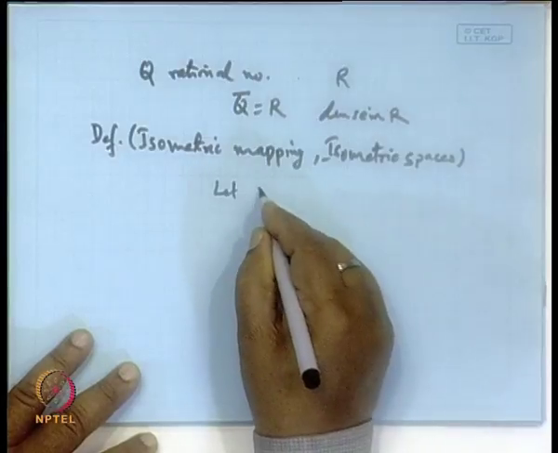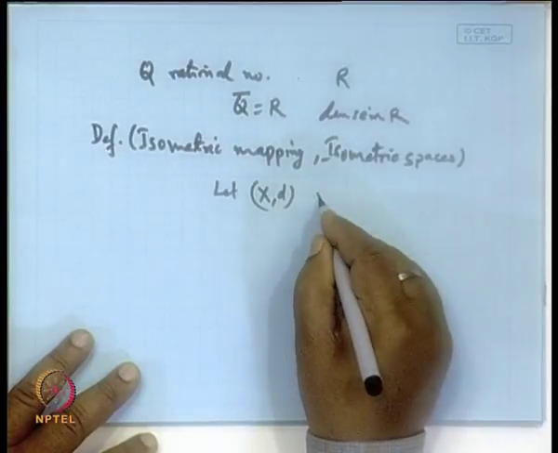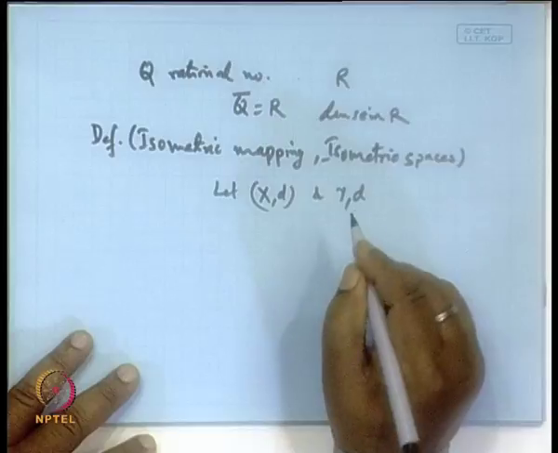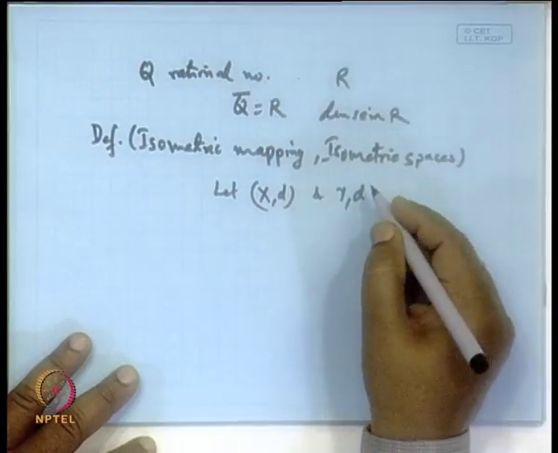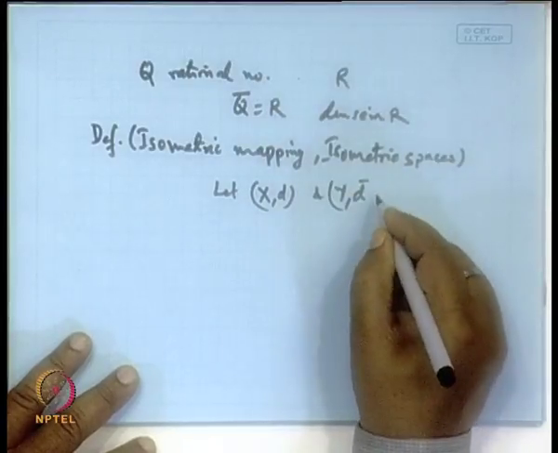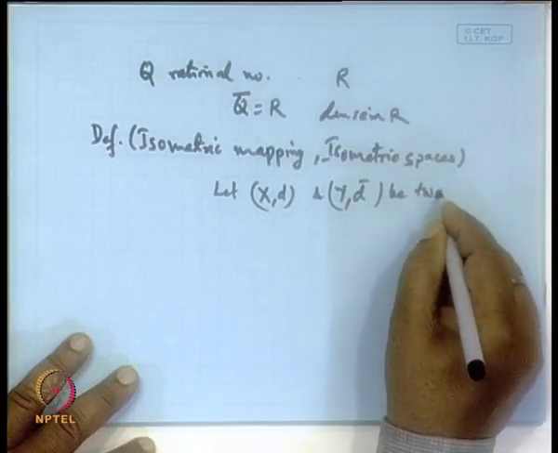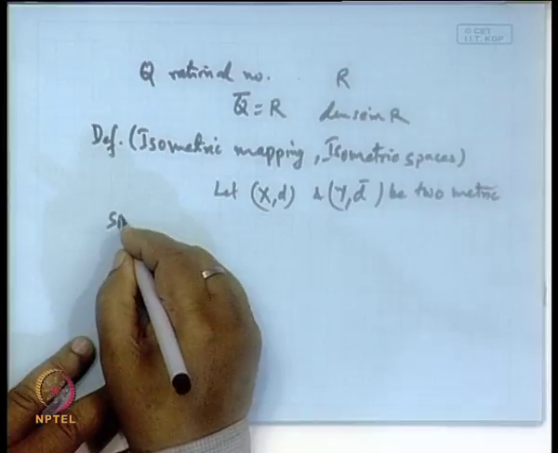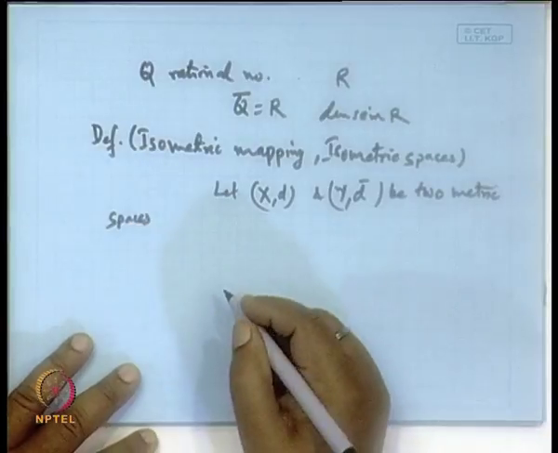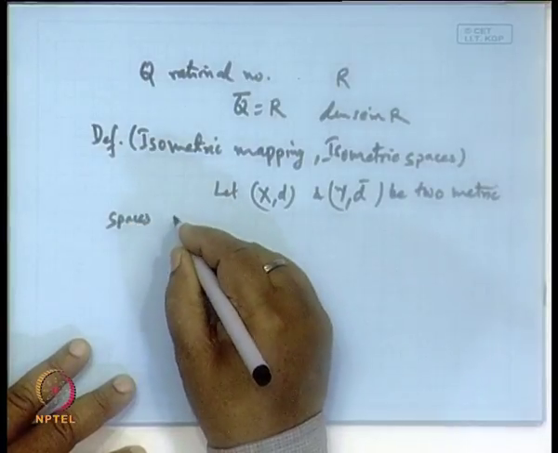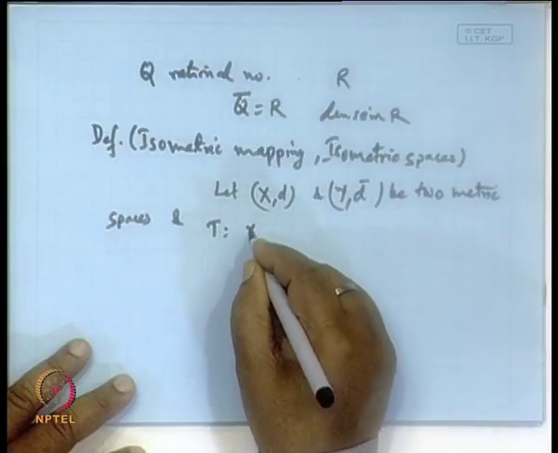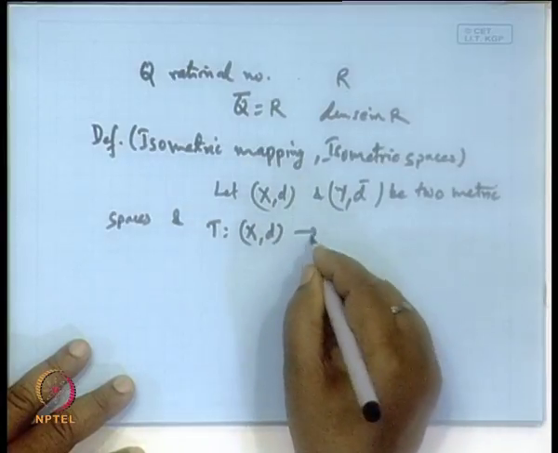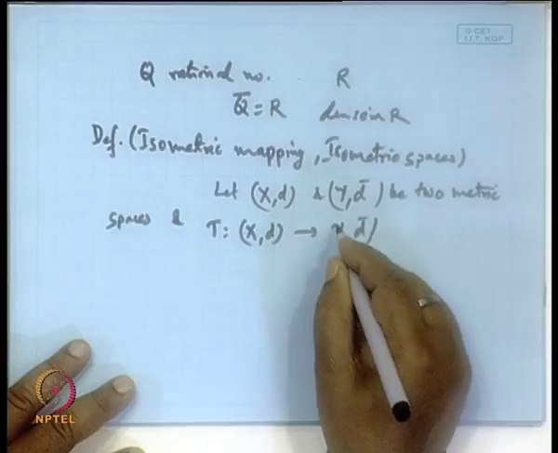Let (X, d) and (Y, d bar) be two metric spaces, and T is a mapping from the metric space (X, d) to the metric space (Y, d bar).